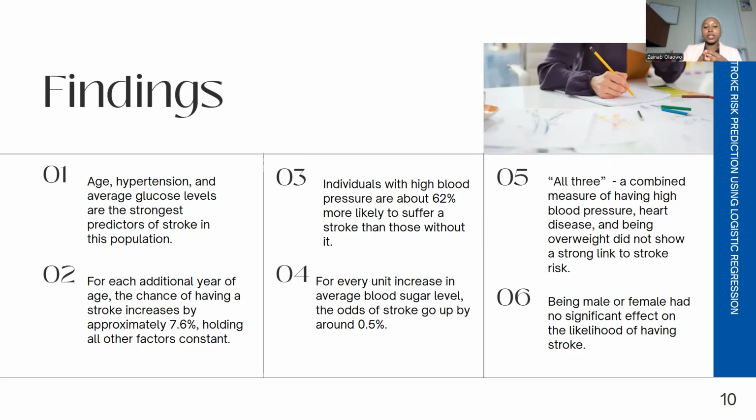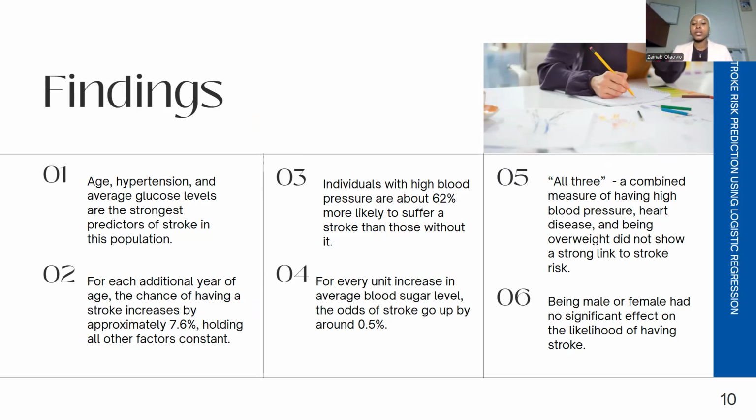Generally, for each additional year of age, the chance of having a stroke increases by approximately 7.6%, holding all other factors constant, like smoking status or other behavioral risks. Again, individuals with high blood pressure are about 62% more likely to suffer a stroke than those without.